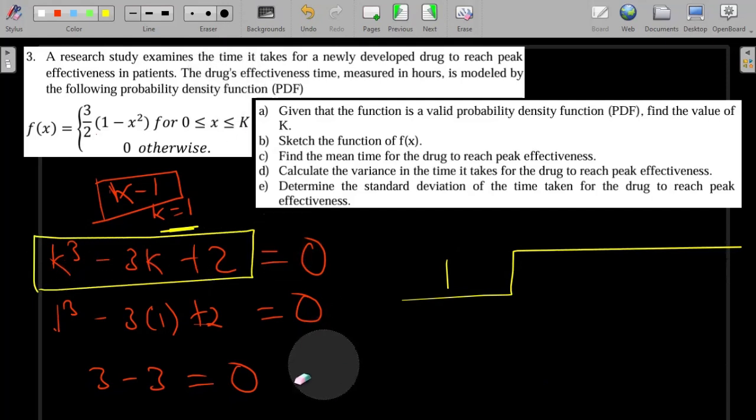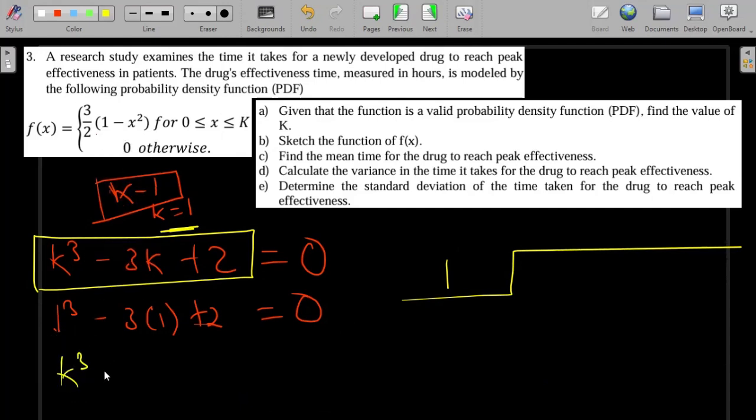So the first one is k to the power 3. So the next one should be k to the power 2. But it's not there, so I'm just going to write 0k to the power 2. Then minus 3k to the power 1 plus 2k to the power 0. But this k to the power 0, we don't show it, so it's just a constant there. K is equals to 0.